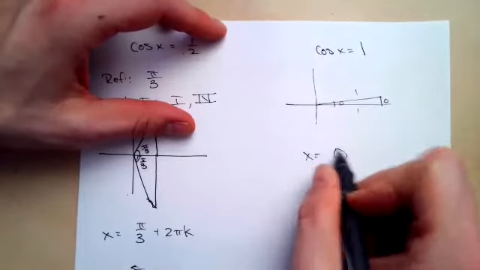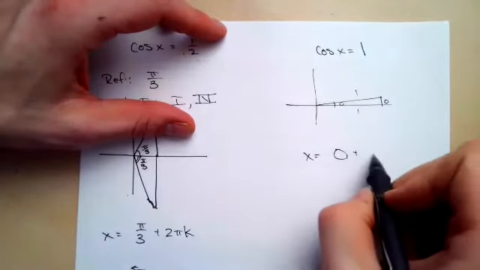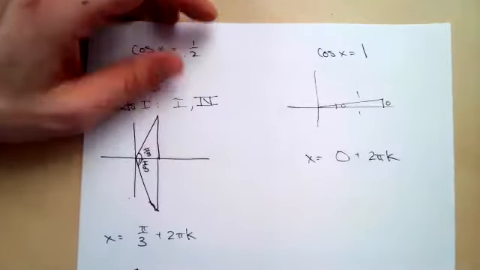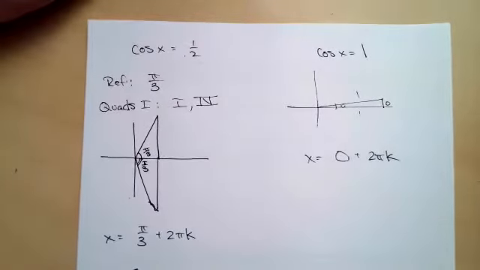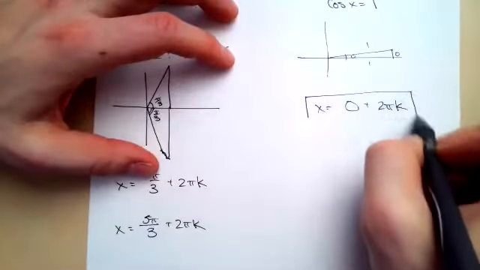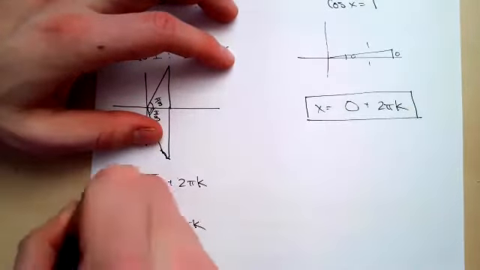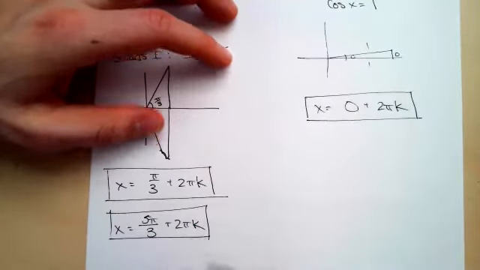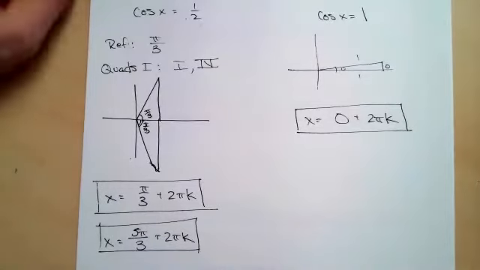And so x is equal to 0 plus the periodicity factor. And so that's the only solution for that guy. Any questions?